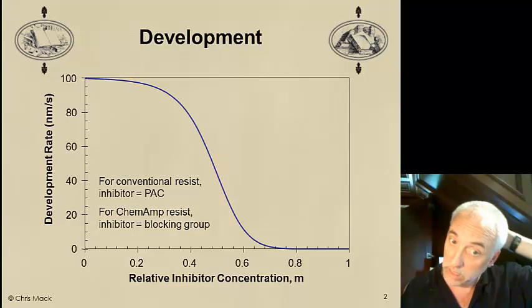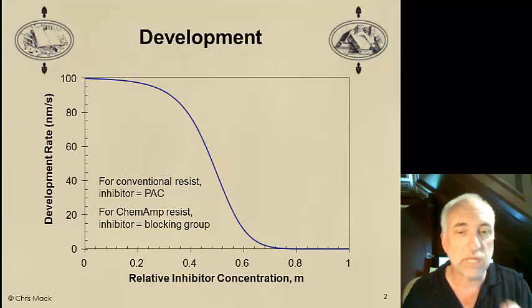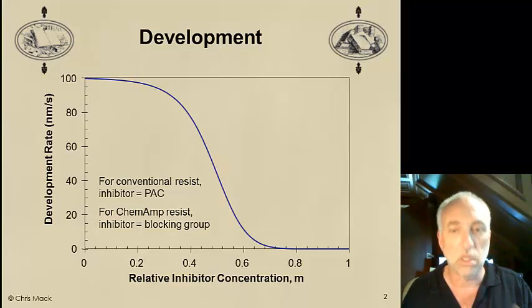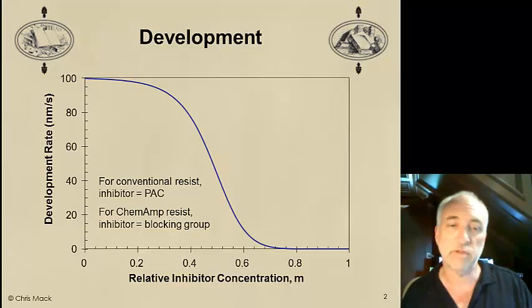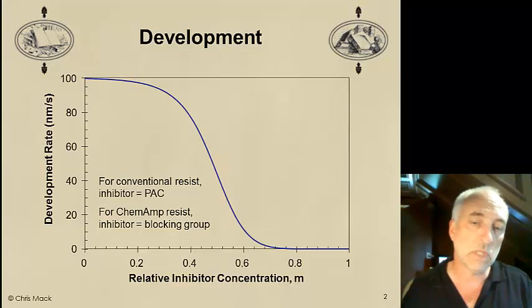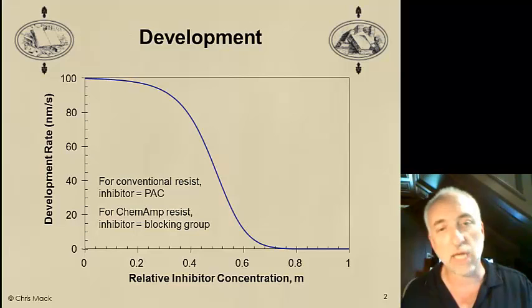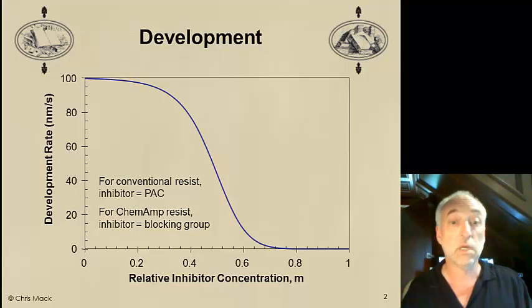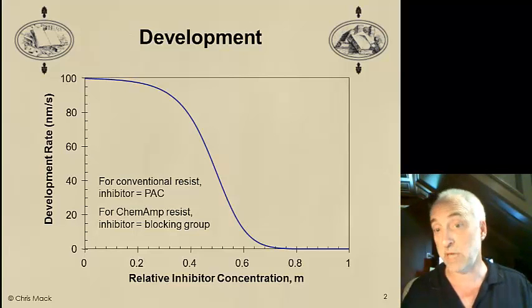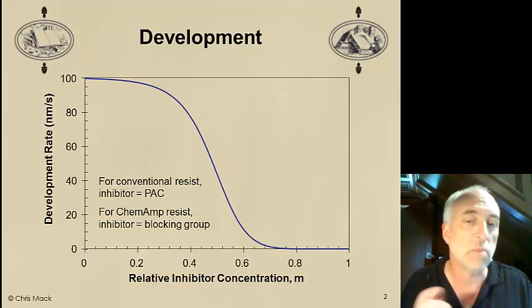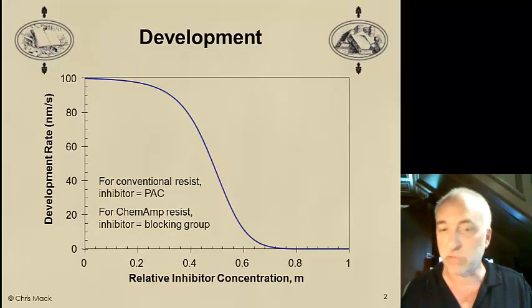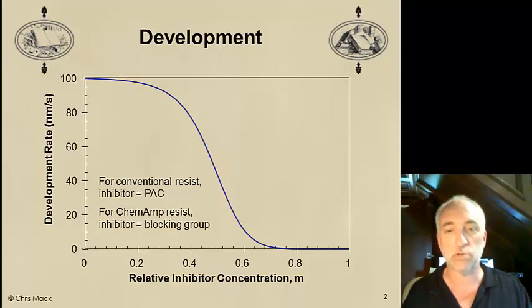So for either kind, we'll think about the inhibitor concentration as the species that controls the amount of development. Of course, the inhibitor will change into something else. In the case of a DNQ Novolac resist, the product of the exposure reaction enhances dissolution. But since there's a one-to-one relationship between them, all I need to know is one of those two concentrations. So I'll pick the inhibitor concentration to think about.